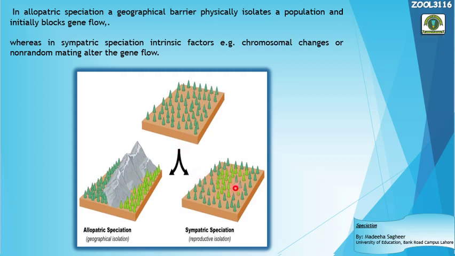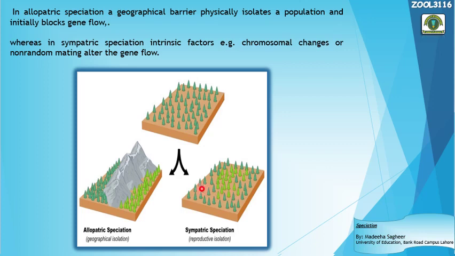But if this population has gone through sympatric speciation, now what happened here? Here the population is not divided or isolated by some physical or geographical barrier, but this kind of speciation takes place because of the change in habitat, because of the shift or change in the host, as we talked about in our previous slides about the maggot flies, and you can say that they have been subjected to different ecological adaptations, right?